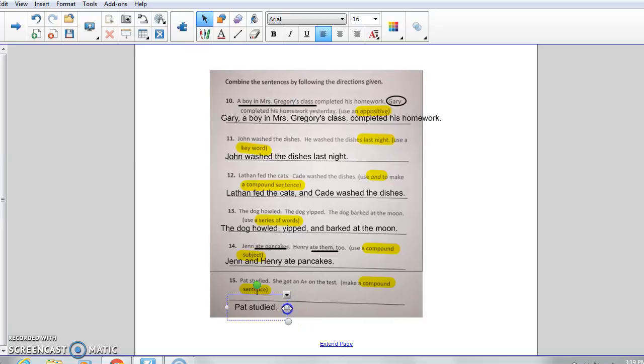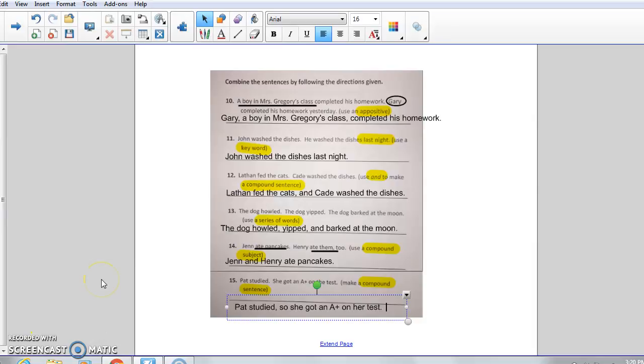So I'm going to use a cause and effect word. Pat studied, comma, so she got an A+ on her test, period. Make sure you have the comma and the conjunction because it's 2 complete thoughts, 2 independent clauses. I like so as the conjunction.